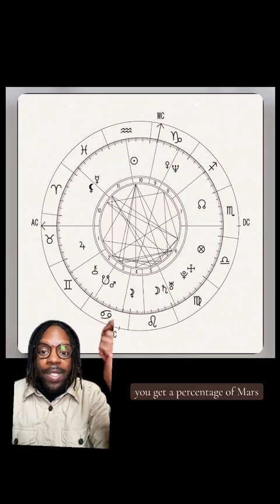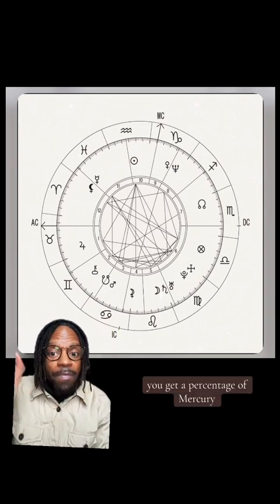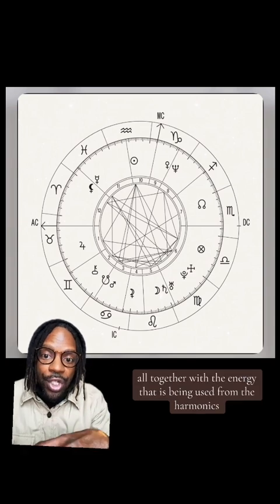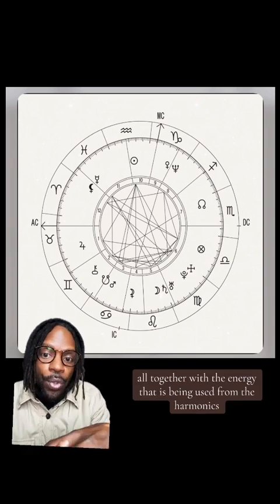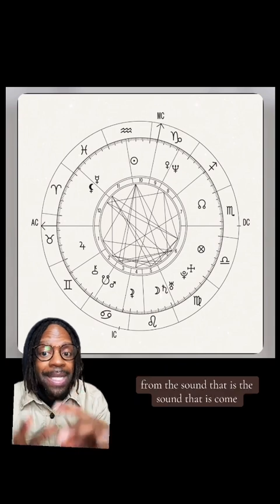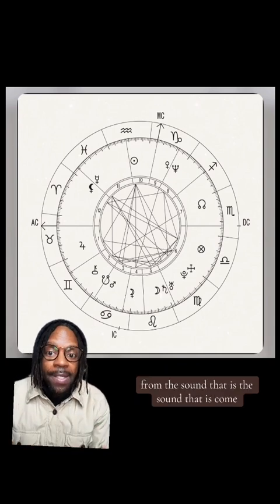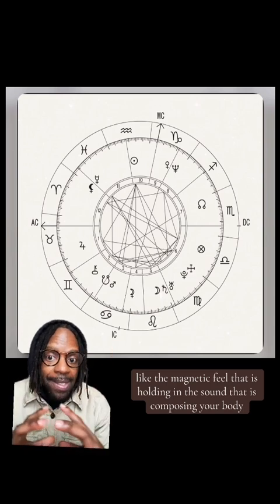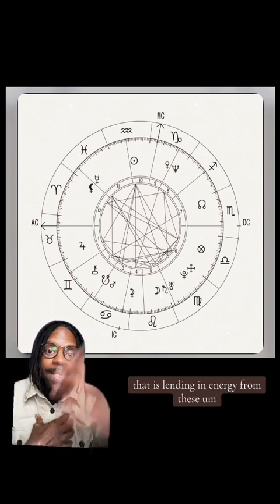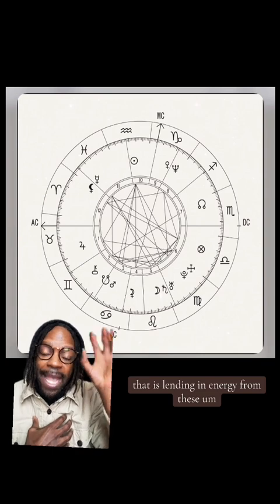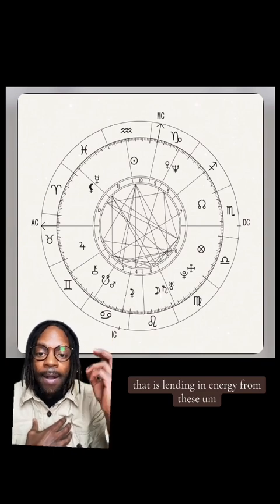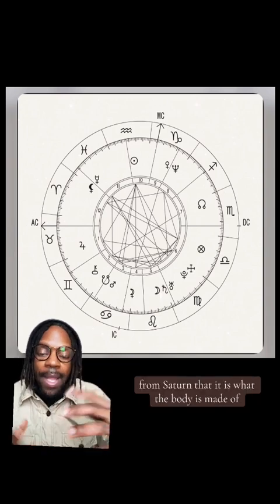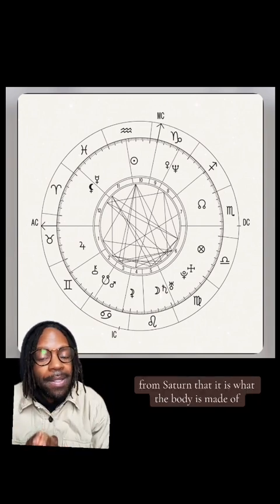You get a percentage of Mars, you get a percentage of Mercury, you get a percentage of Neptune, all together with the energy from the harmonics, from the sound, like the magnetic field that is holding in the sound that is composing your body, that is lending in energy from these radio signals from Jupiter, from Saturn. That is what the body is made of.